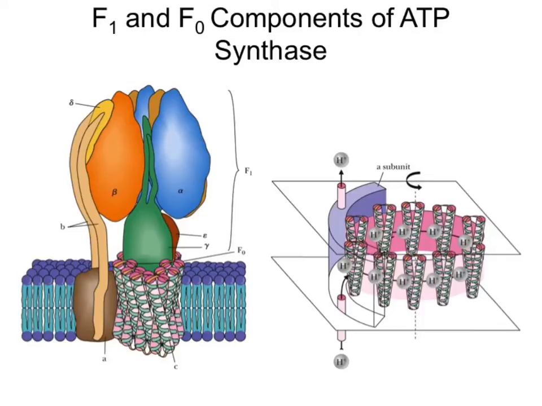After we break down the FO and the F1, we then shift into all sorts of subunits that come within this. When we're looking at ATP synthase, this is a good example of what type of protein structure? Quaternary structure. We have several different subunits that build within this, and they're all listed there with their Greek letters. You have alpha, beta, gamma, delta, epsilon, and then you have A, C, and B subunits.